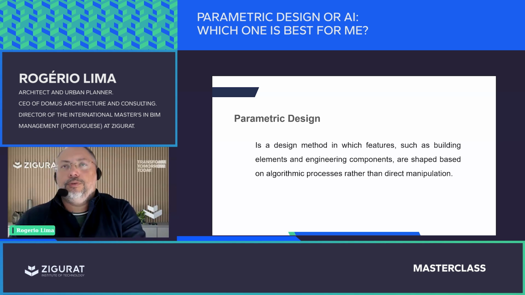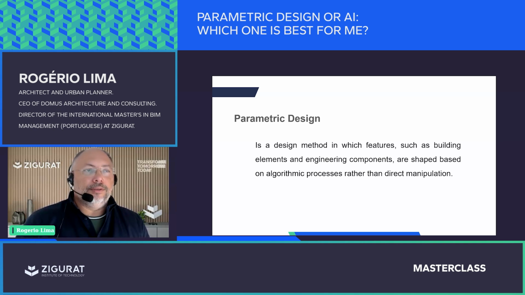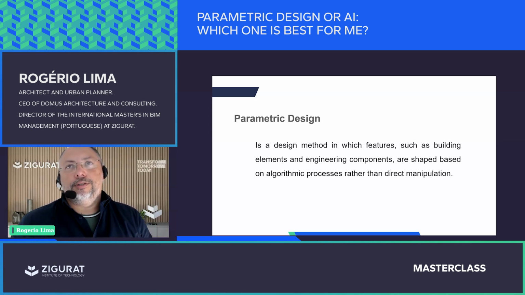With this algorithm, you can manipulate parameters, and this process creates a model, for example, or creates a building element or some engineering component. Okay, so it's an indirect way to create a model, to create something.